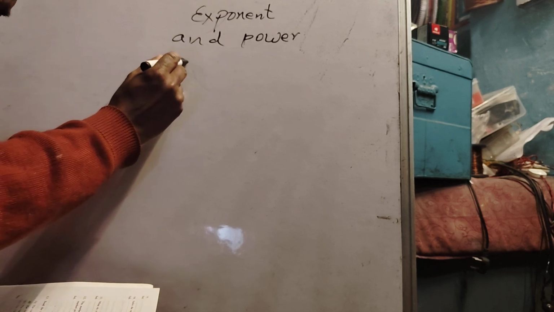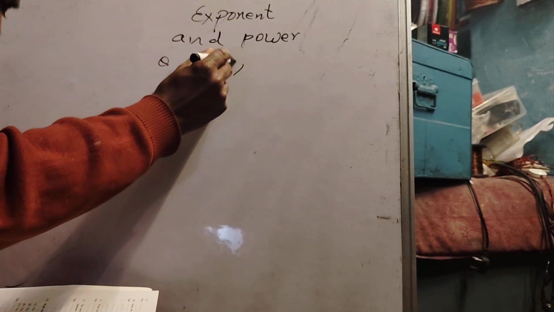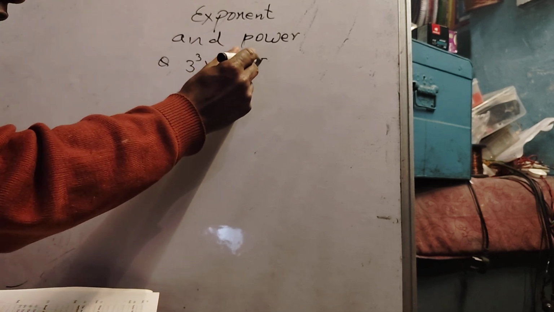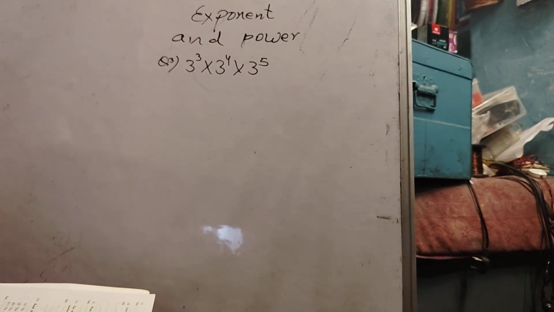The question is 3 power 3 into 3 power 4 into 3 power 5. What is the result of this?